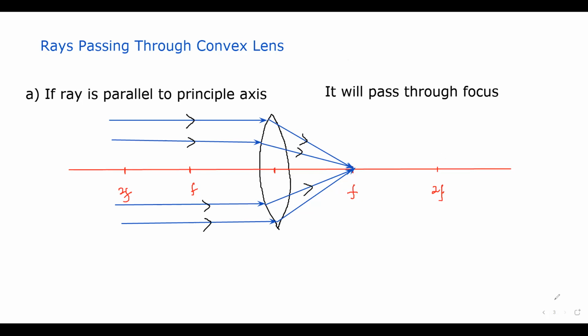Then the second ray diagram, if a ray is passing through the center of the lens.